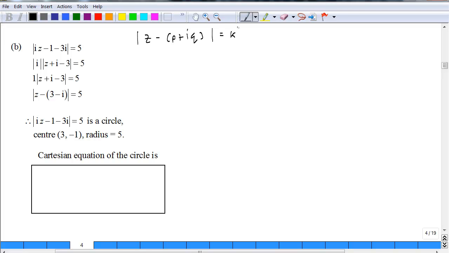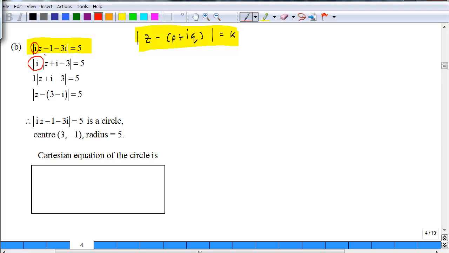In order for me to convert this particular question into this particular form, you realize that you need to take out this i here, and that is done in this part.